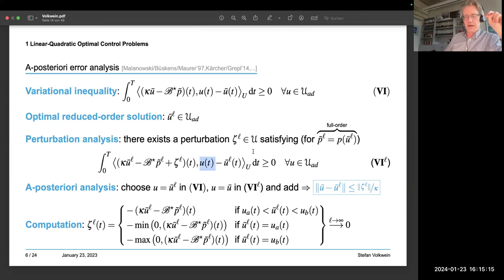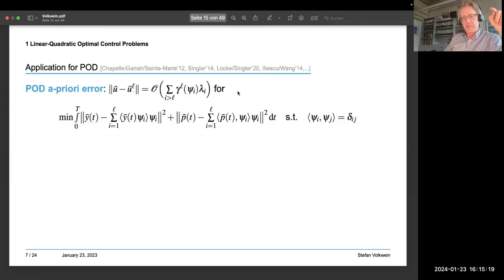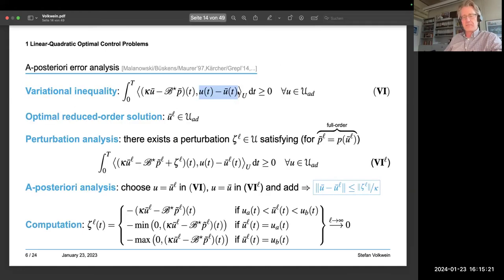Then in the first variational inequality you have U bar L minus U bar, whereas in the second variational inequality you have U bar minus U bar L. I add both, I get a minus sign, and then, fighting a bit with these things, we get to this error estimate I wrote here in blue.